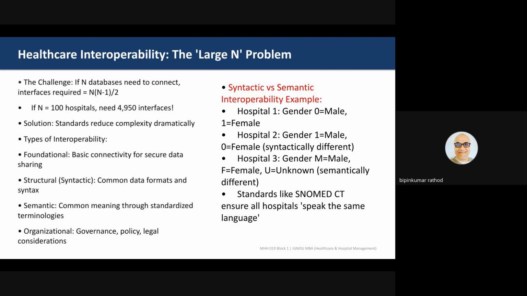Once we agree to connect our records, it is called syntactic and semantic interoperability. Once we achieve this level of interoperability, we should manage to send our health record across hospital systems, across facilities, across providers.